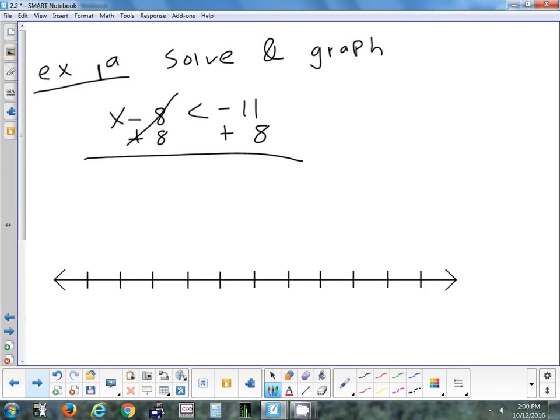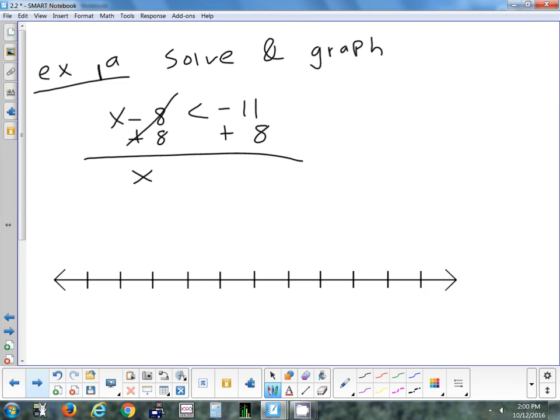How about Jordy? Can you tell me what I have on the left-hand side now? X, just X. Perfect. Then I have my symbol. Vanessa, I know you weren't here, but do you know the name of that symbol? That's less than.